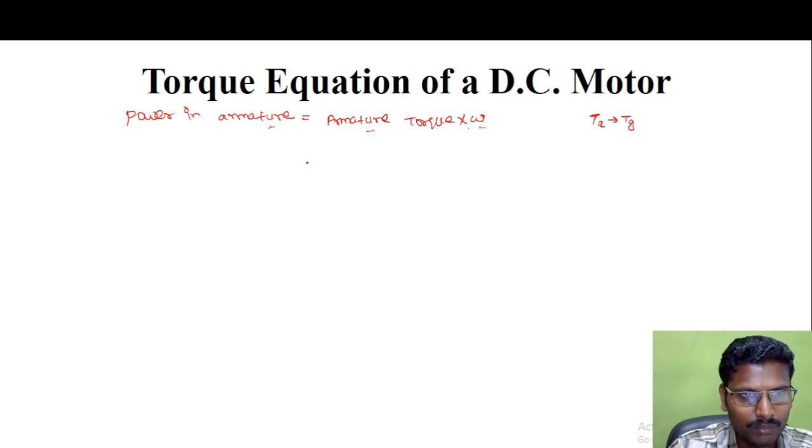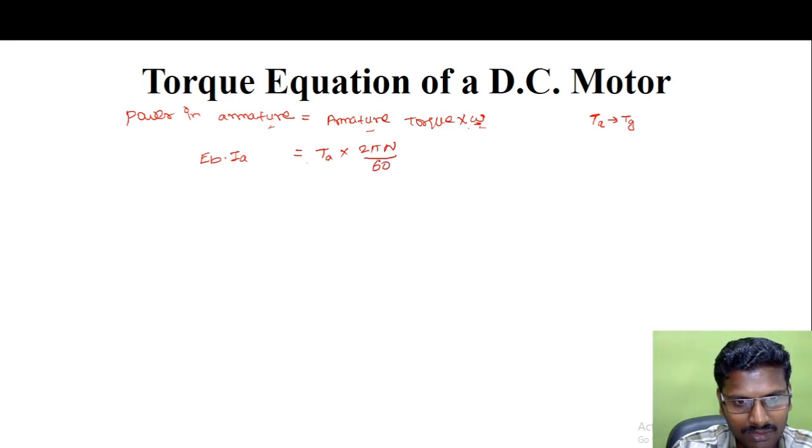So power in the armature can be expressed as EB into IA, from the power equation, where EB is the back EMF and IA is the armature current. This is equal to armature torque TA into the angular speed, 2πN divided by 60.